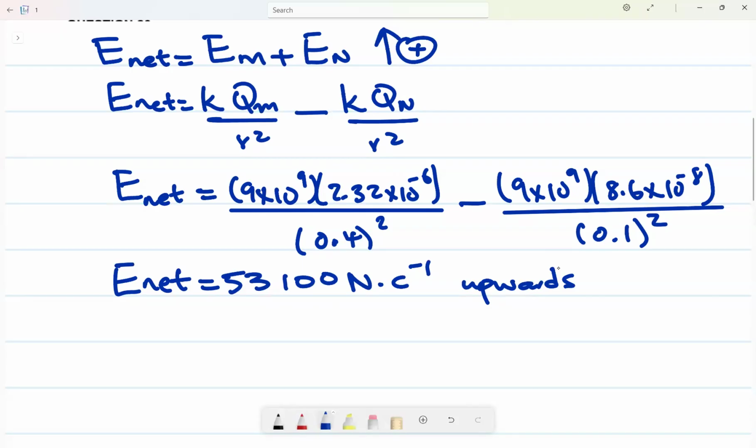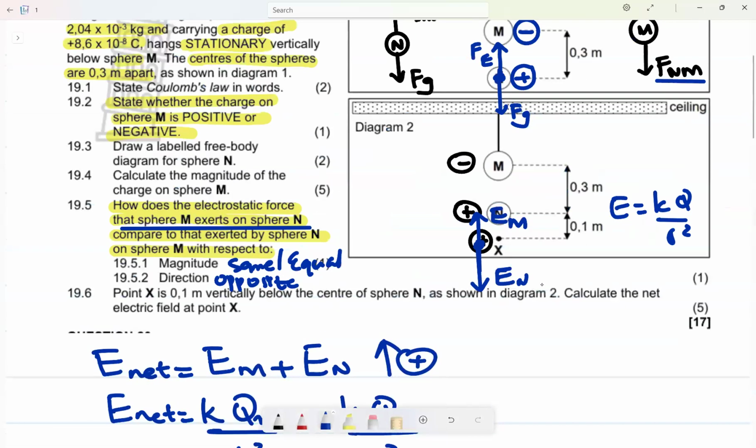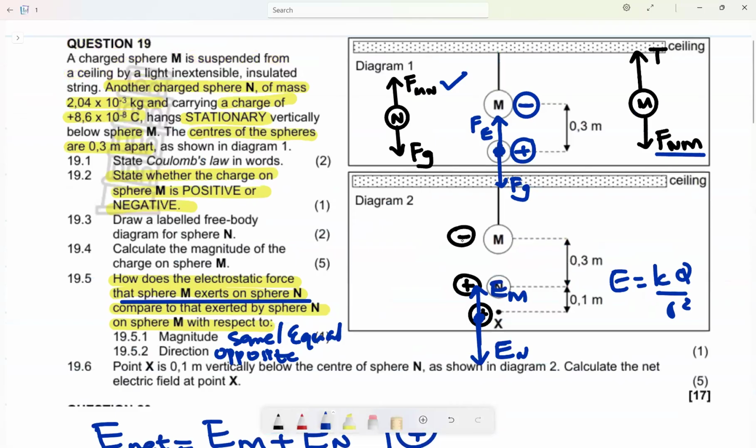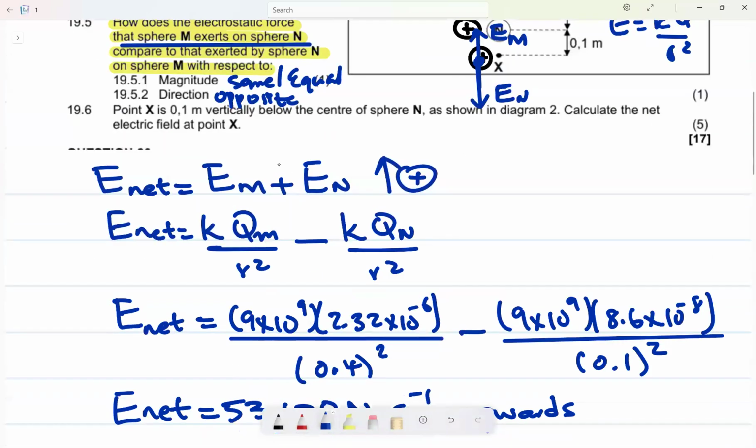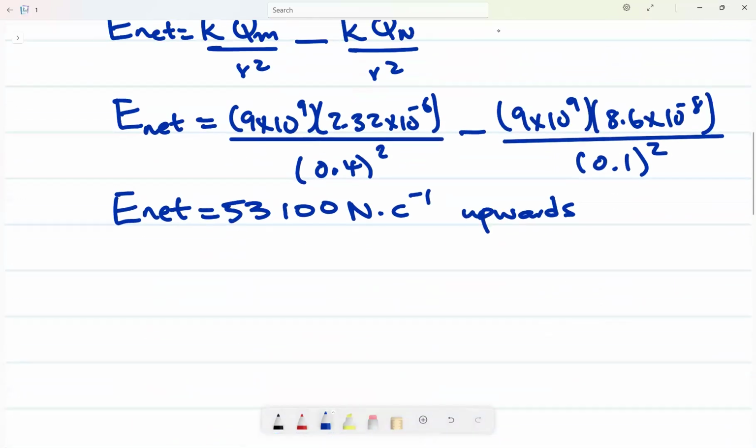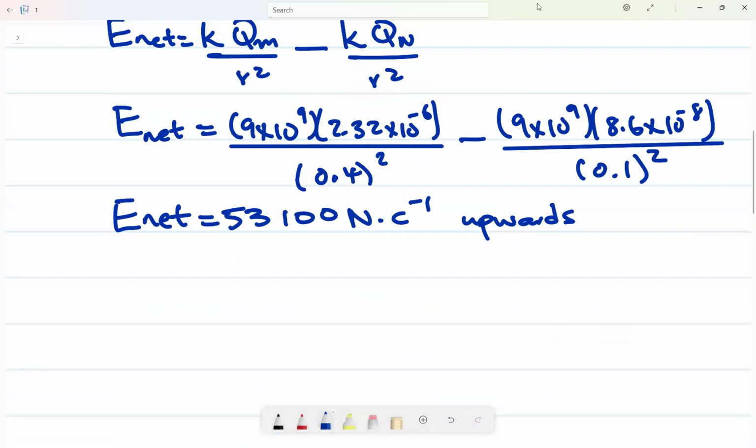Okay, I get 5300. Let me quickly see if the memo is saying that also. But yeah, I think it's the correct answer. Yeah, it is the correct answer. So the net electric field experienced at X is 5300. Let me quickly confirm that. Okay, I'll come back now.